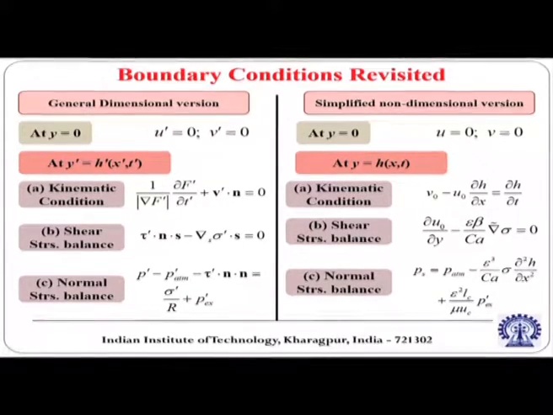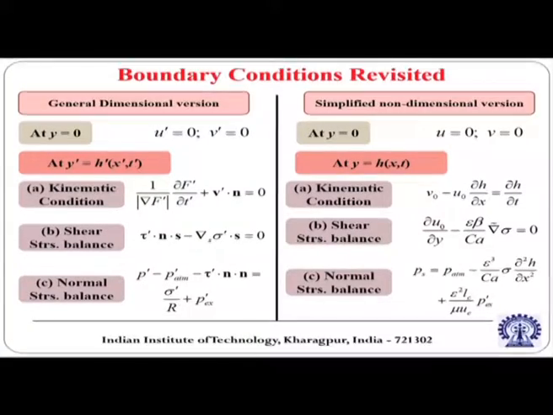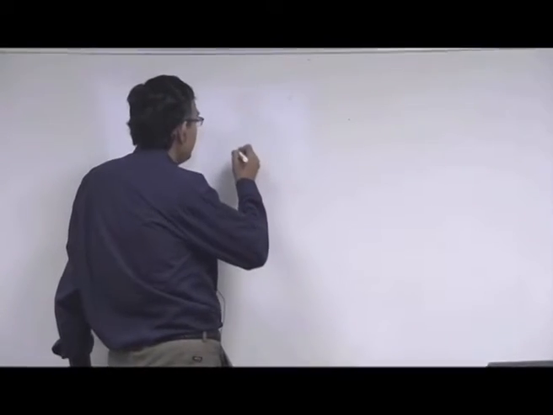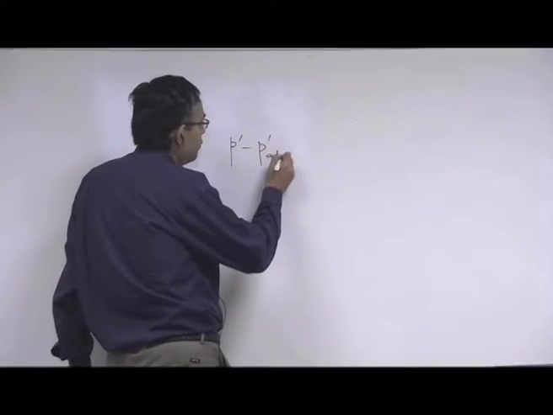Just to help you recapitulate how to recover the dimensionless form from the dimensional form, I will briefly take up any one of these boundary conditions, say the normal stress boundary condition. So you have P dash minus P dash atmosphere.